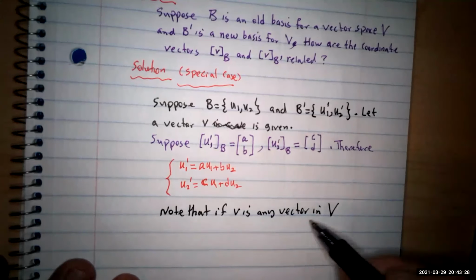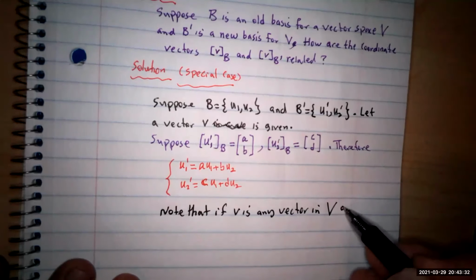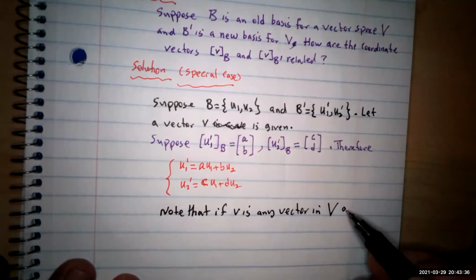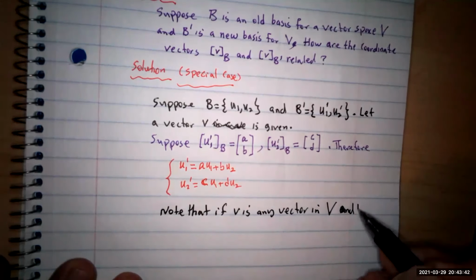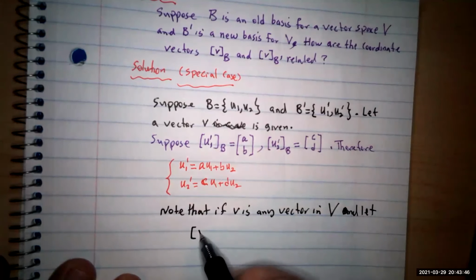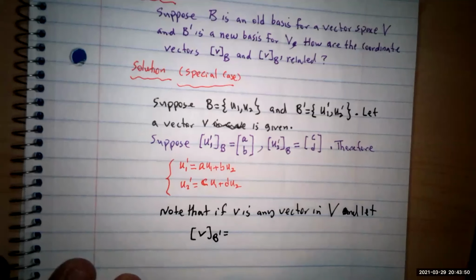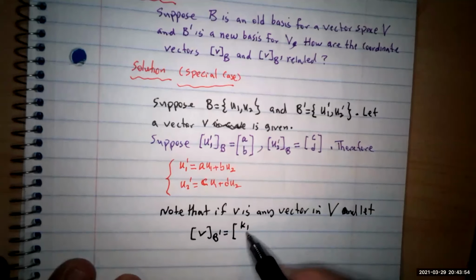And let's find the coordinate vector of v with respect to B prime. What is this one? It's going to be something like a number k1 and k2.